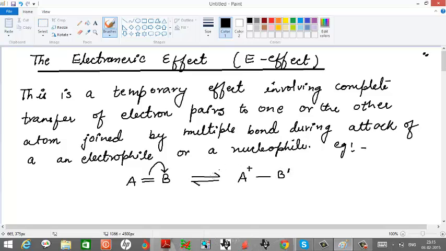Always the direction of the electromagnetic shift is one that facilitates the reaction. It can be in the presence of a nucleophile or an electrophile. But the important thing here is that this effect is seen neither in the reactants nor in the product. It is only in the intermediate steps of any reaction.